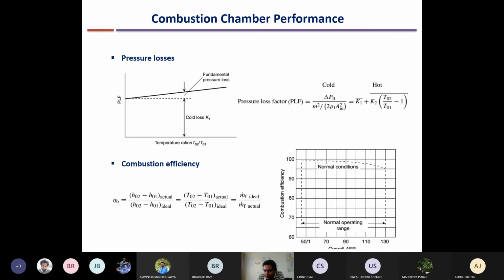We cannot streamline the process fully. Why will there be a certain amount of pressure loss? By design you need some amount of pressure loss. Why is it required? What is the reason?